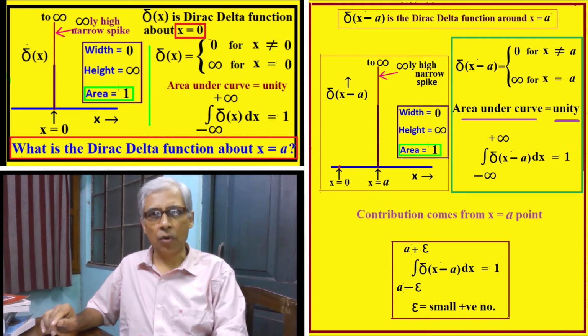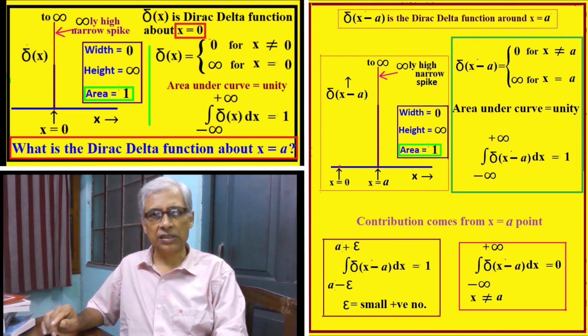This is mentioned in the box with brown outline. If we omit x equal to a point, the integral would give a 0. This is described in the box with red outline.